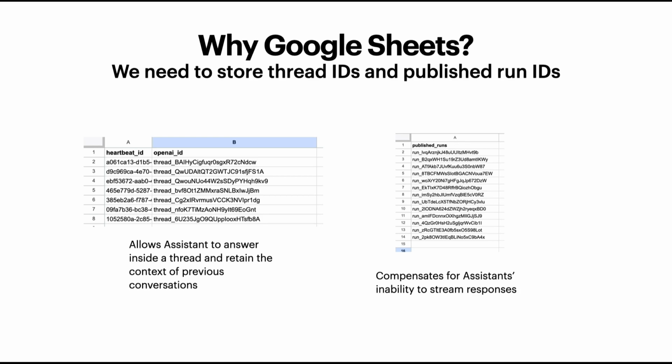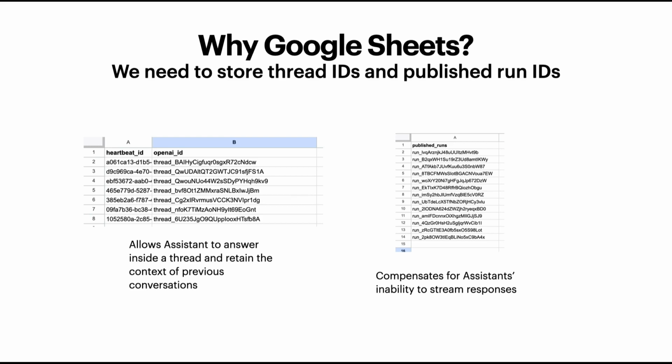And because we have to keep checking for the run status to be completed, we need to essentially stop piping the messages back into Heartbeat as soon as we find out that the run is complete. Otherwise, if you don't have this table of published runs, you will see that the assistant will be responding in Heartbeat multiple times to the same message. So we need to prevent that.